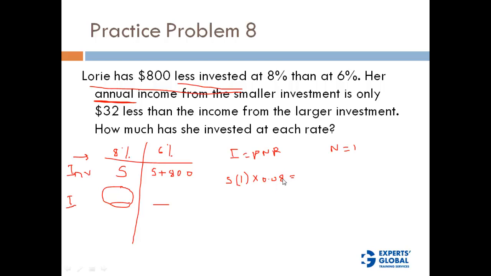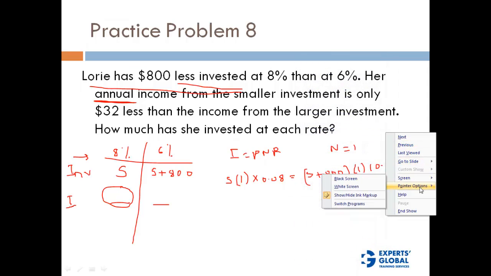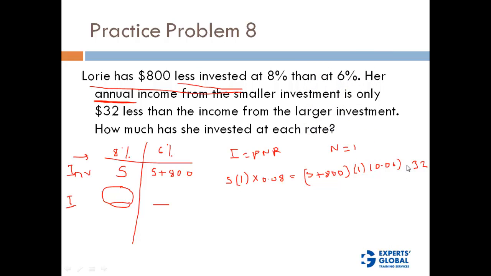The big investment is going to give you a return of principal, which is S plus 800, into 1 into 0.06, minus $32. Correct? So let's solve this equation now.